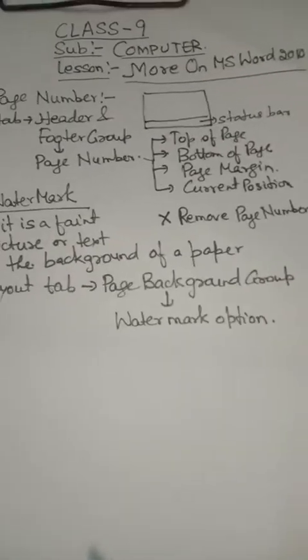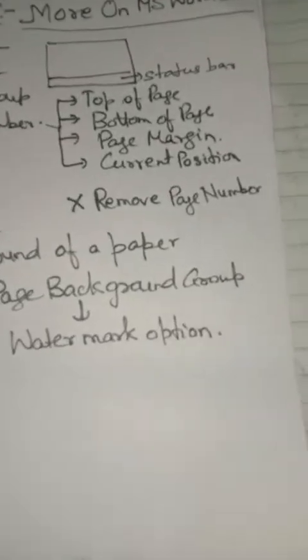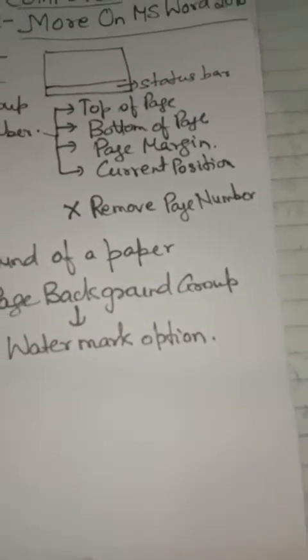As soon as we click on the watermark option, the window of watermarks appears on the screen. This is figure number 10.67. Page with watermarks and a figure of 10.67b appear on the window.